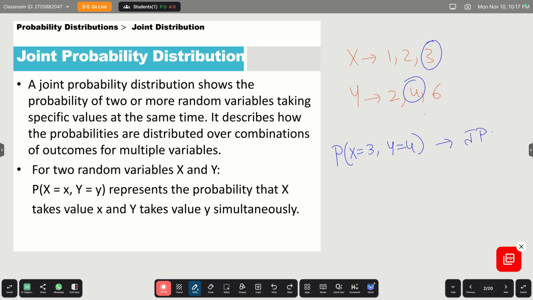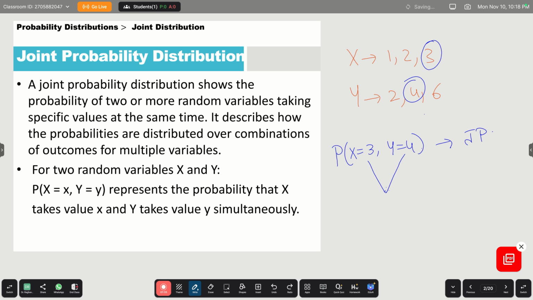Here we are not talking about the probability that x is 3, or the probability that y is 4, but the probability that x is 3 and also y is 4. So what is the probability that x will be 3 and y will be 4?